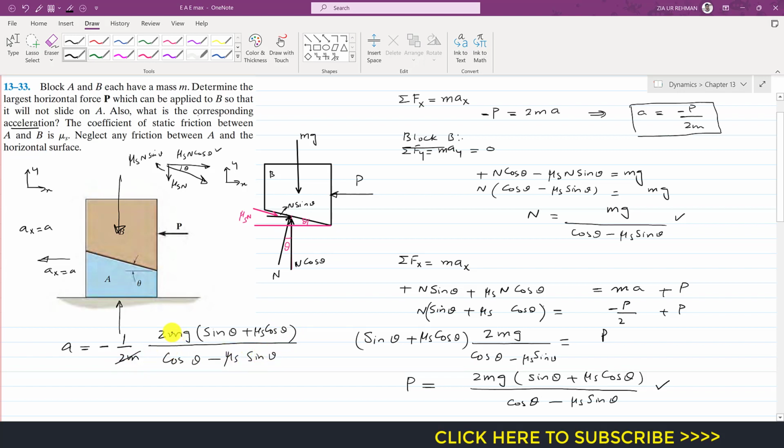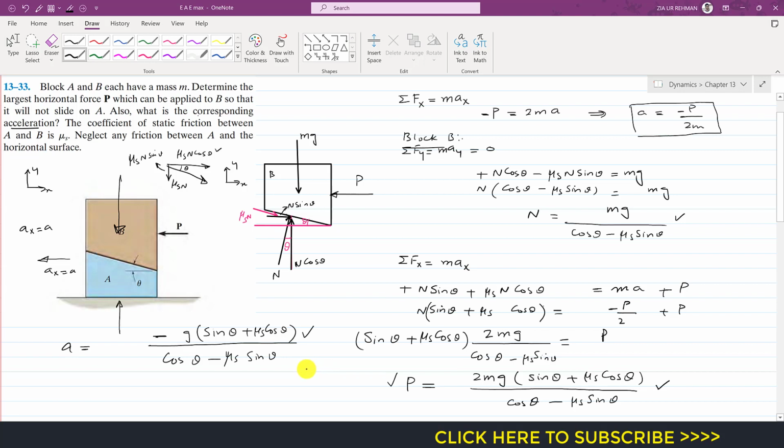So 2m will cancel out and we will be left with minus g times sine of theta plus mu s cos of theta divided by cos of theta minus mu s sine of theta. So this is the acceleration in terms of all the given parameters, and this is that force P which was required.